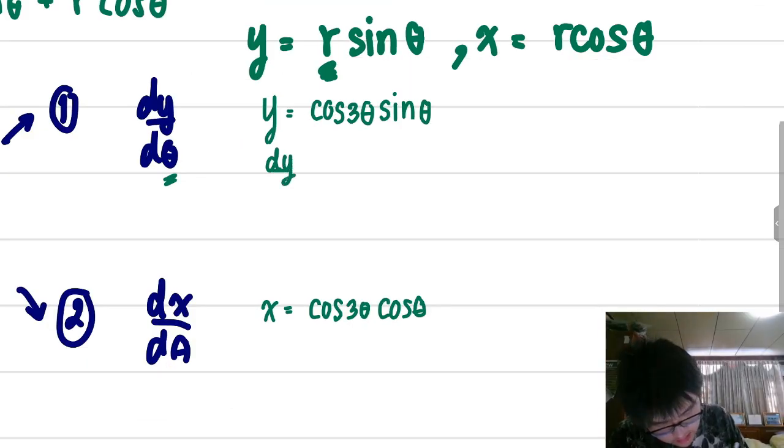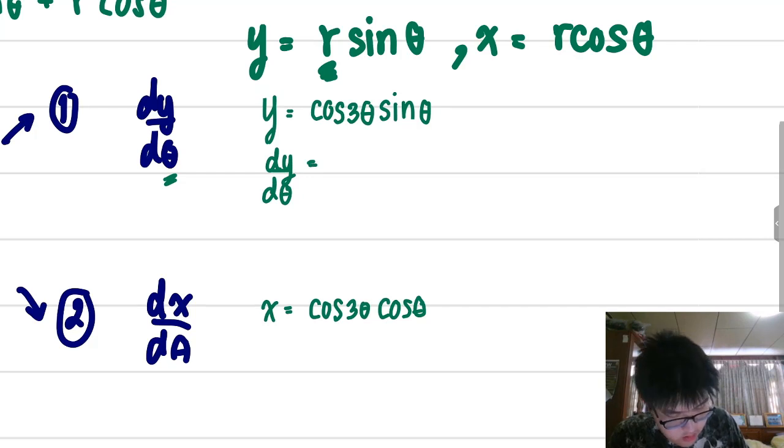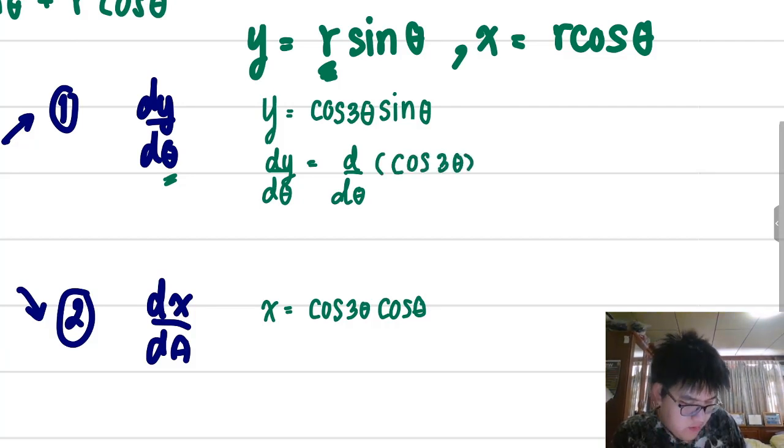dy by d theta equals the derivative of cosine 3 theta multiplied with sine theta.